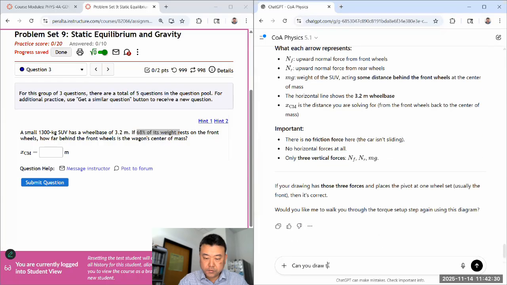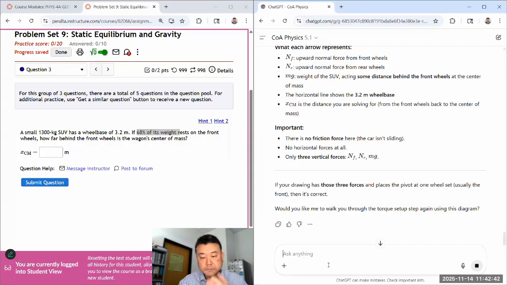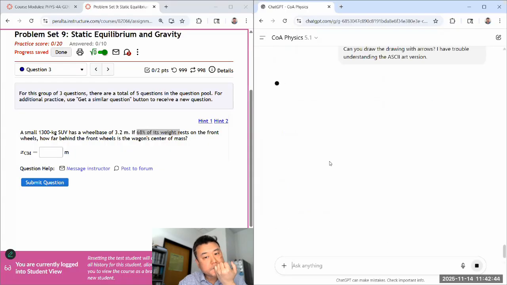Can you draw the drawing with the arrows? I have trouble understanding the ASCII art version. Let me see. In the past, when it did that, it went through DALL-E, and it frankly didn't generate correct drawings.